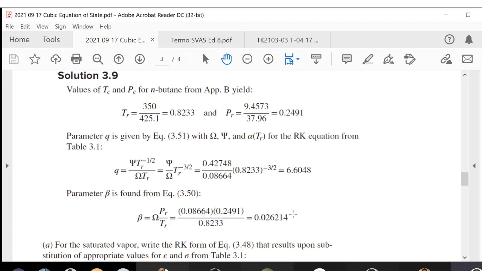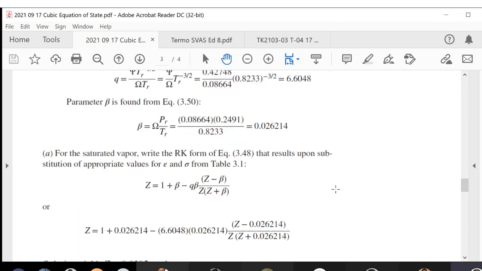Up to this point, are there any questions? Please ask question if you don't understand. It is simple, actually. Don't worry too much, because you just take a look at the table, then put over here, you get that beta, you get that Q. Okay?